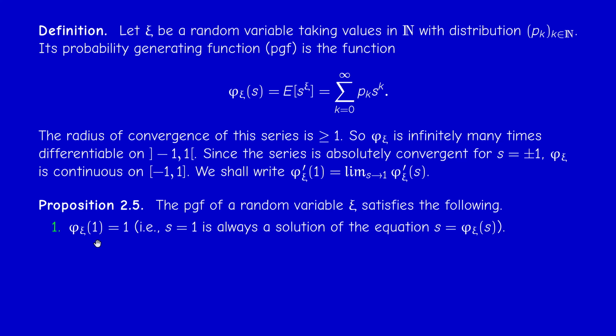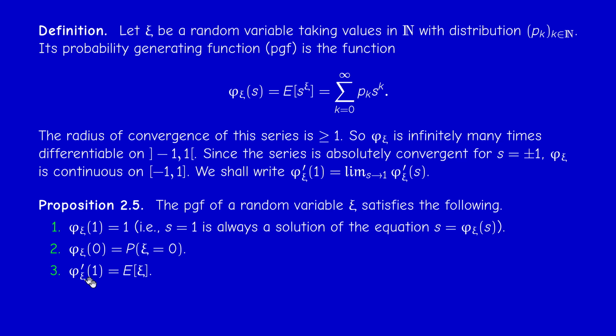Okay, but anyway. So here are the properties of phi xi. So as we said, phi xi of 1 is always 1. Second property, phi xi of 0 is just p0, and it is the probability that xi equals 0. So it's in our context, the probability that the alien or the individual does not reproduce itself. And that's it.